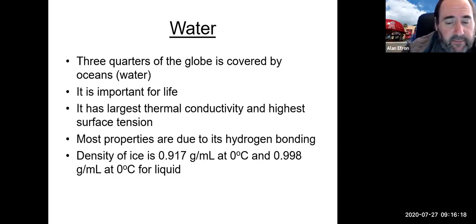We also talked about the consequence of that hydrogen bonding: we see an unusual property for water versus other substances. When it comes together in the solid phase, it creates a lot of open volume and thus a smaller density than in the liquid phase, which is an unusual property for a substance.